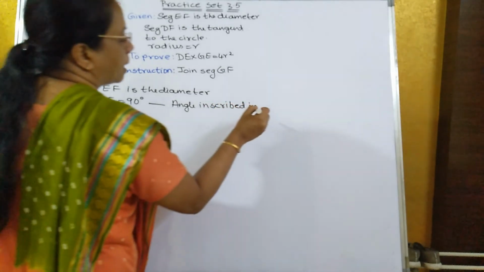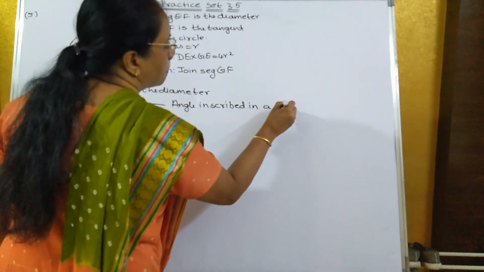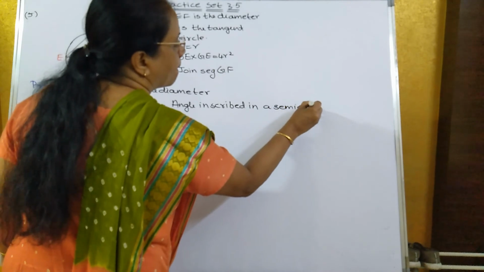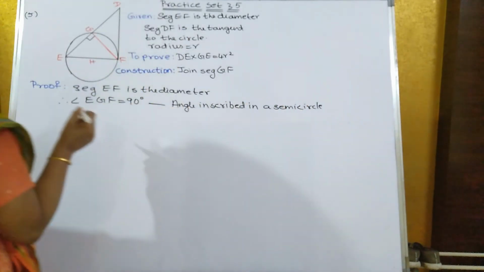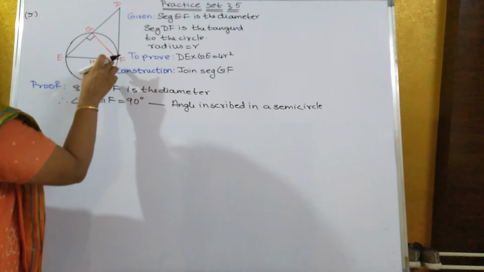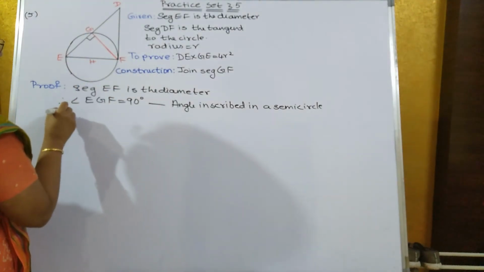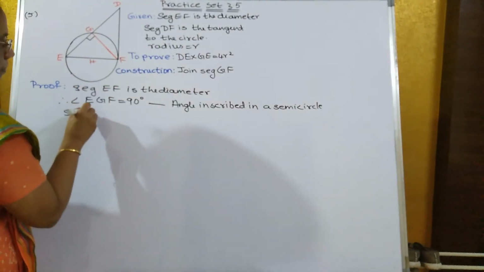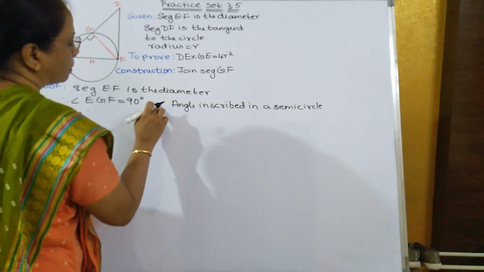Angle inscribed in a semicircle. Now DF is a tangent. Seg DF, let us take this as point 1.